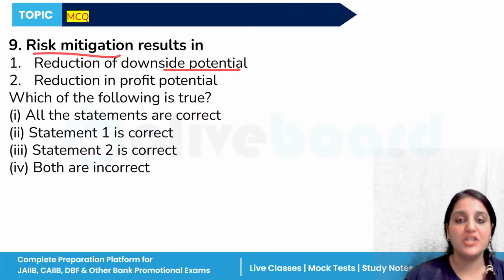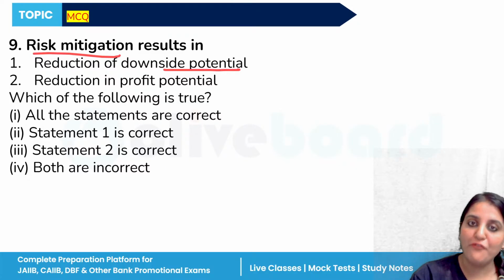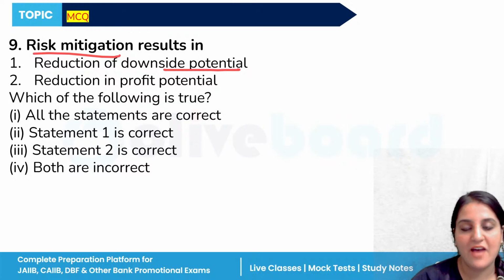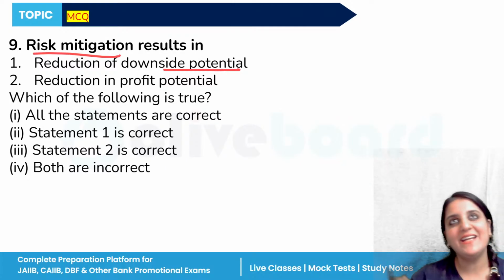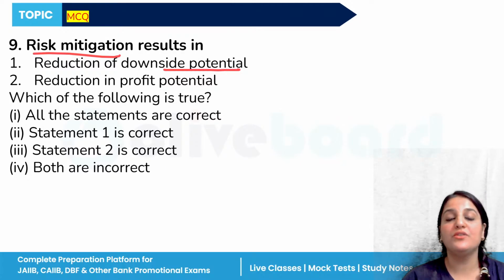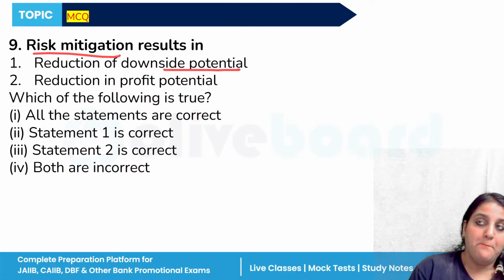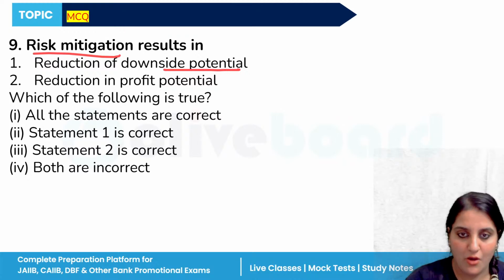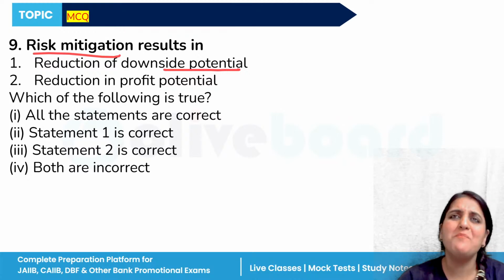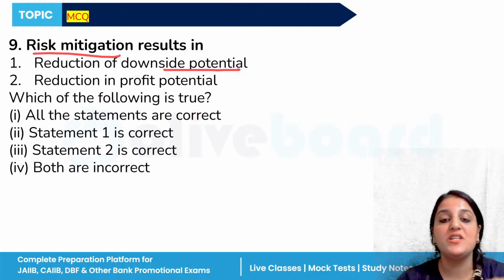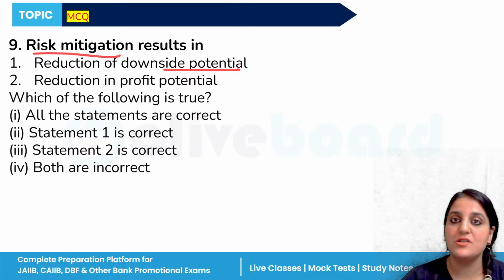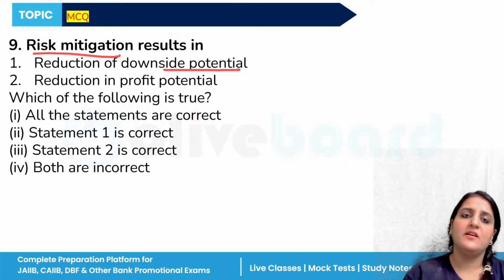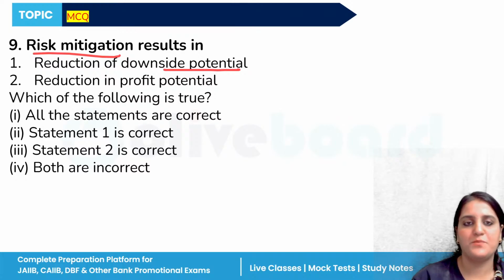And reduction in profit potential: while risk mitigation can sometimes have unintended consequences of reducing the profit potential, this does not mean that it will always be the same in all cases. In many instances, risk mitigation can actually improve an organization's profitability by reducing the likelihood of costly mistakes or disruptions or obstacles.